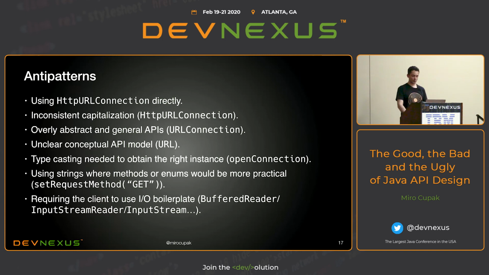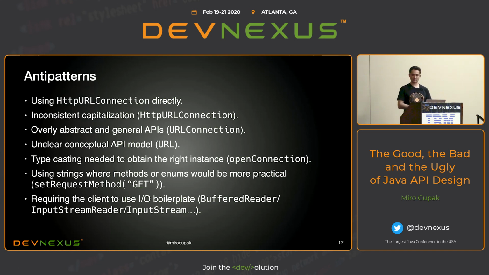Using strings where methods or enums would be more practical is also an anti-pattern. Compare how we set the request method in the old API, that was a string, versus the new API. Again, perhaps that's the cost of the generalization across multiple protocols, but still, it is a point. IO boilerplate, also not good.